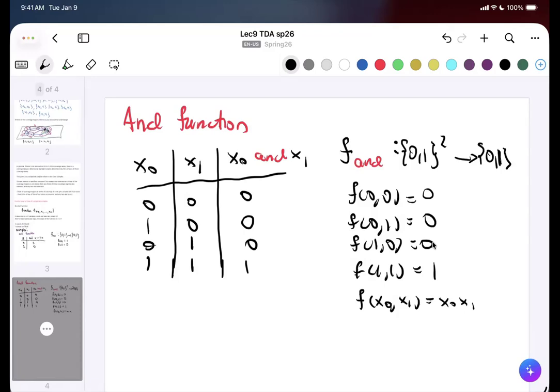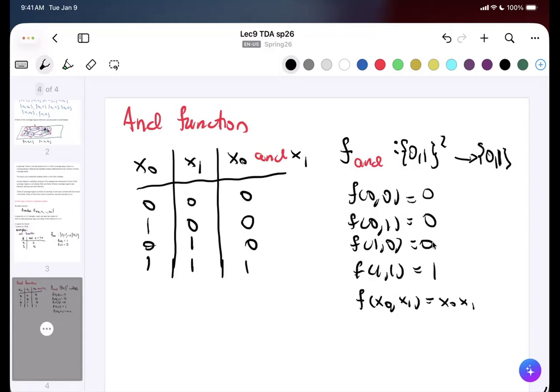Okay, so the idea is that Boolean functions are actually related a lot to simplicial complexes. Every simplicial complex can be determined by a Boolean function that satisfies an extra condition, which is called monotone.